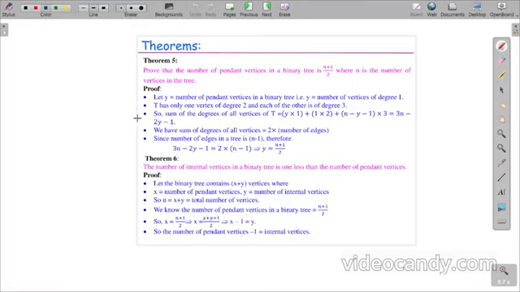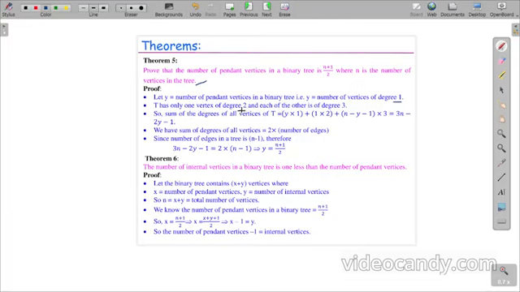Now, there is a theorem: the number of pendant vertices in a binary tree is n plus 1 by 2, where n is the number of vertices in the tree. Proof: let y equal the number of pendant vertices in a binary tree, that is, y equals the number of vertices of degree 1.